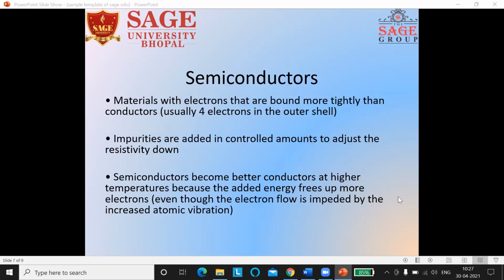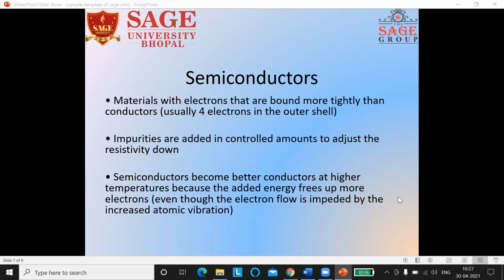And after that, semiconductor. What is a semiconductor? A semiconductor is a material with electrons that are bound more tightly than in a conductor. In semiconductors, impurities are added in controlled amounts to adjust the resistivity down.